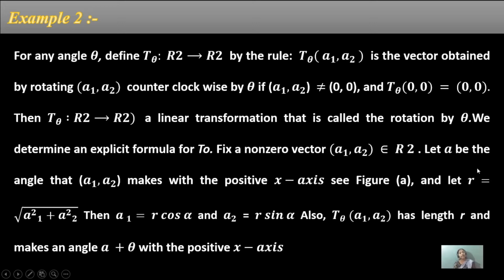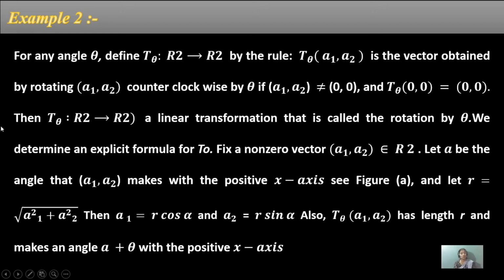Let alpha be the angle that (a1, a2) makes with the positive x-axis, and let r be the radius, that is the square root of a1 square plus a2 square.